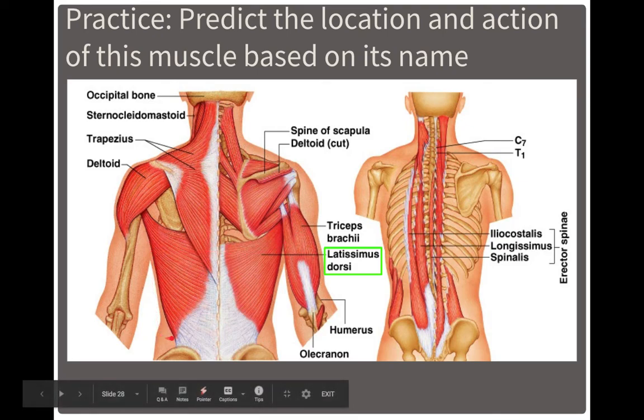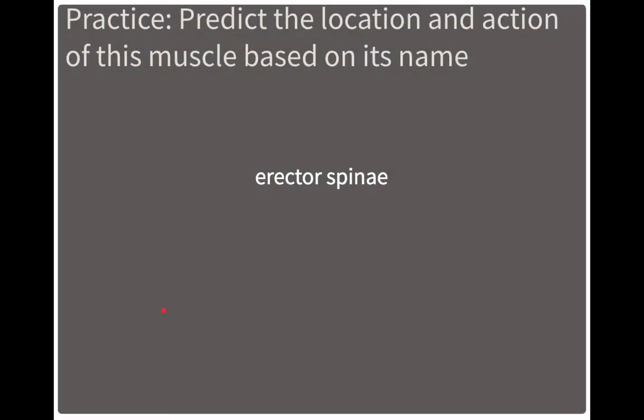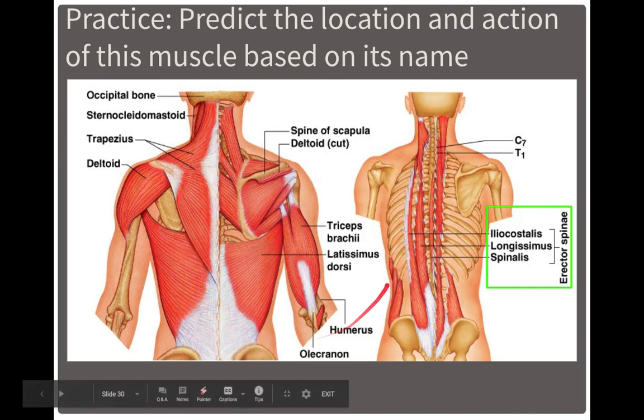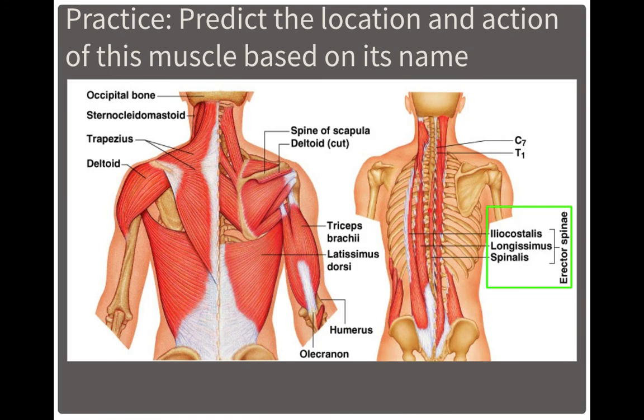It's that big, great muscle that stretches laterally across your back. Erector spinae. So the erector spinae is this group of muscles over here that runs parallel to the spinal column, and so spinae, right? And then erector, meaning that when they contract, they hold you erect.